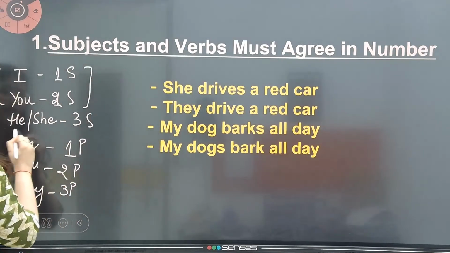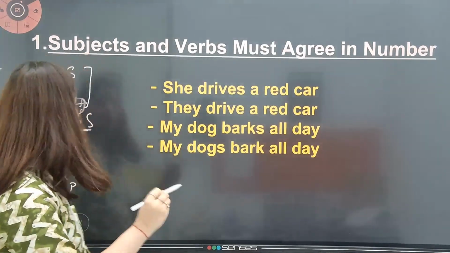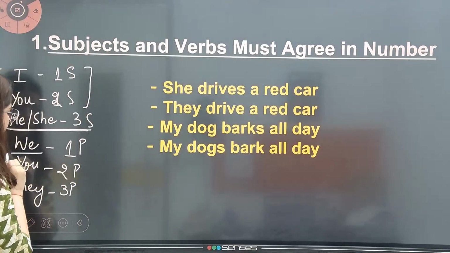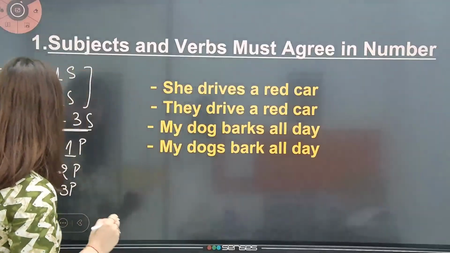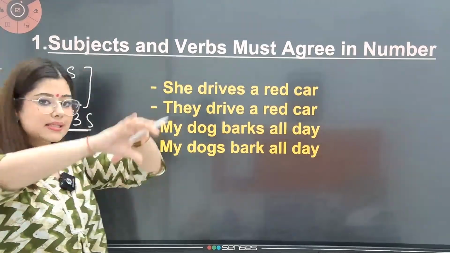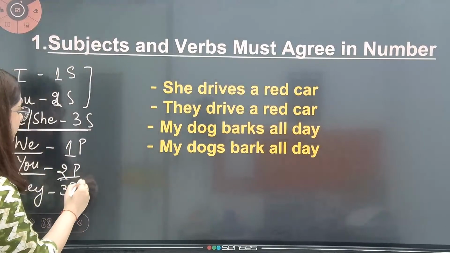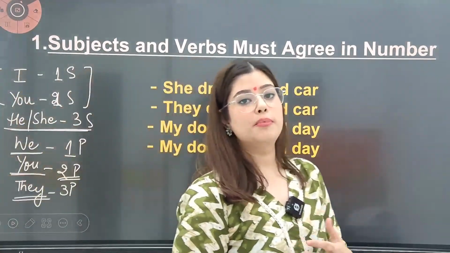He and she, third person singular, would always use a singular verb. We, first person plural, would always use a plural verb. If you're talking about you as in plural, again it will use a plural verb, and they would always use a plural verb.